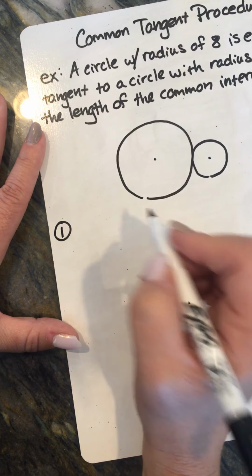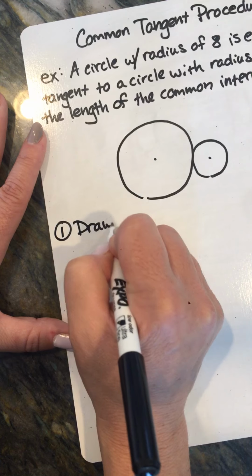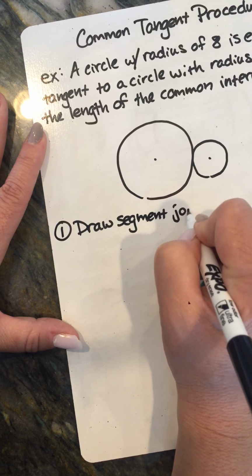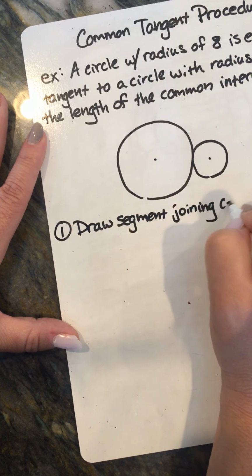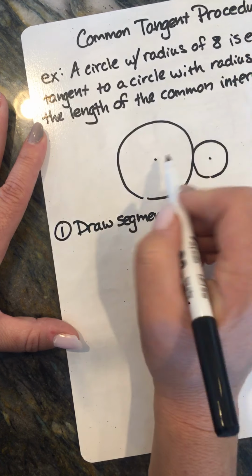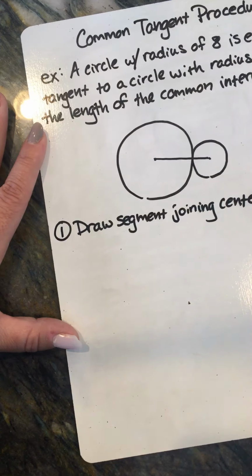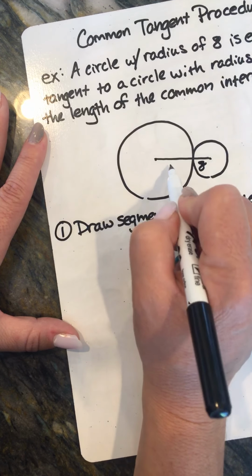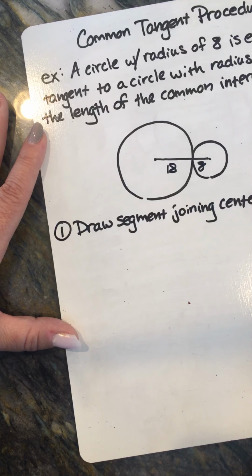Draw a segment joining the centers. This is going to be 8, right? That radius is 8 and this radius is 18.